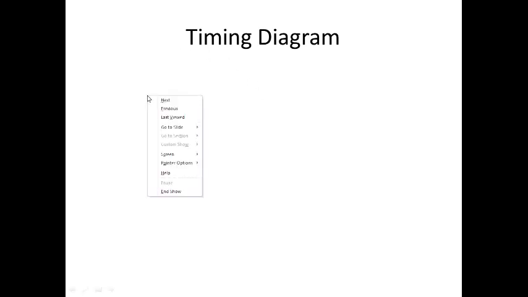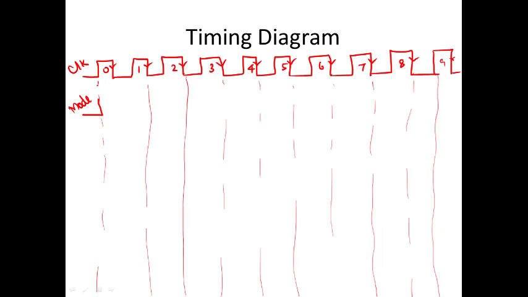So I'll be having clocks first. So mode is initially high. Let me take like this. So whenever your mode is high, it will be an up counter.